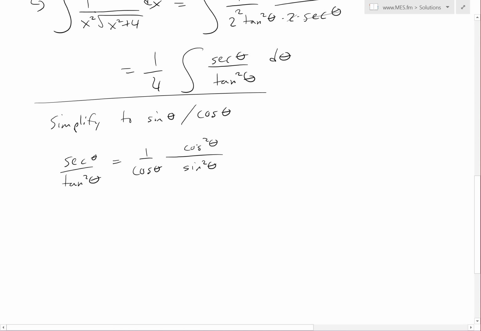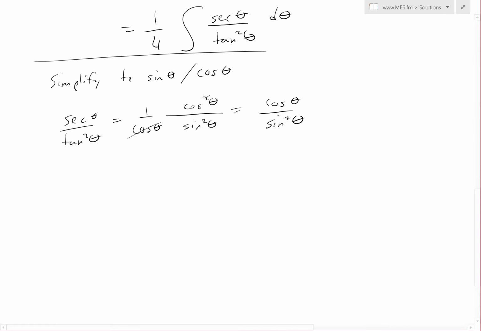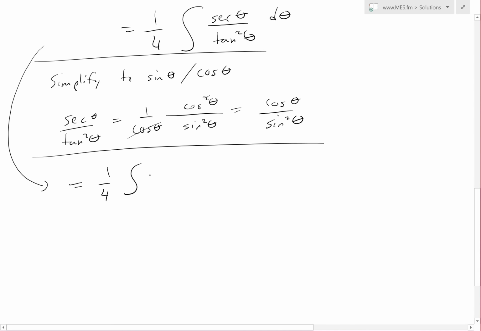Since at the bottom we just flip it, now we can cancel here, and we get cosine over sine squared theta. So what we get is equal to 1 over 4 integral of cosine theta over sine squared theta d theta.